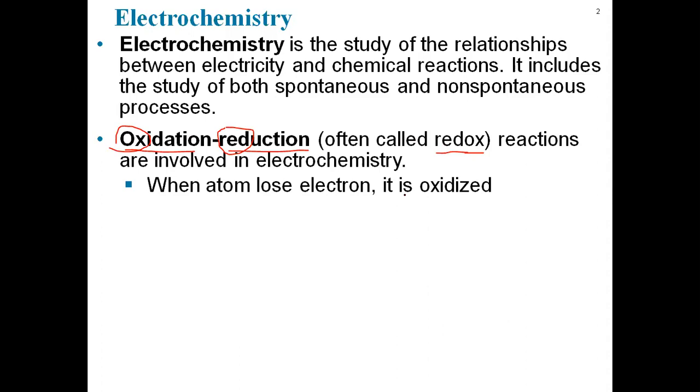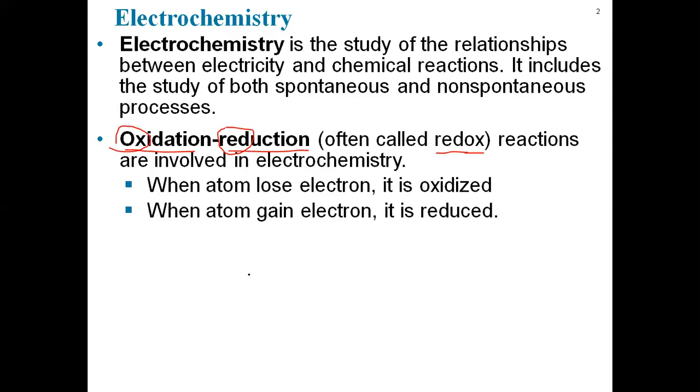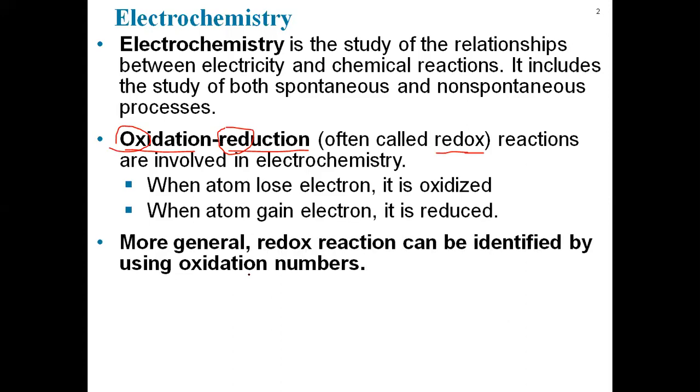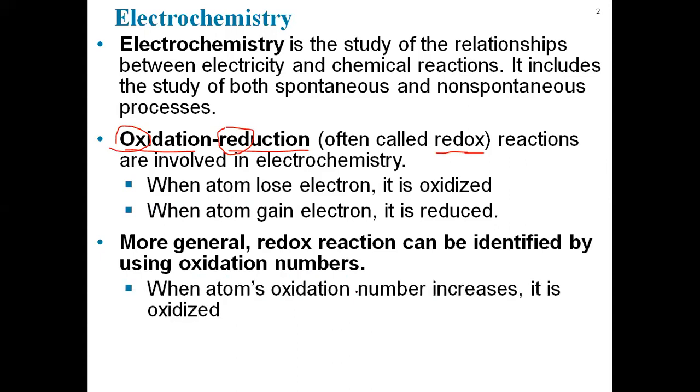Some of these fundamental definitions are a review of what you learned in Chem 113. When an atom loses electrons, it is oxidized. When an atom gains electrons, it is reduced. More generally, we use the oxidation number, which we studied in chapter 4 of Chem 113.